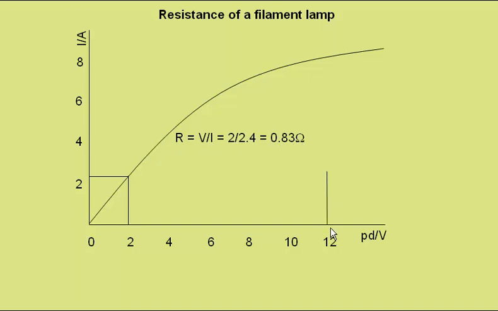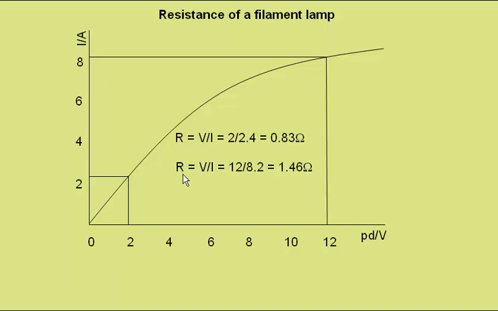From 12 volts, we get a current here of just over 8 amps. So in this case, resistance is potential difference divided by current, 12 divided by 8.2, and the resistance has gone up to 1.46 ohms. So the resistance of the filament lamp has increased as the temperature has risen.